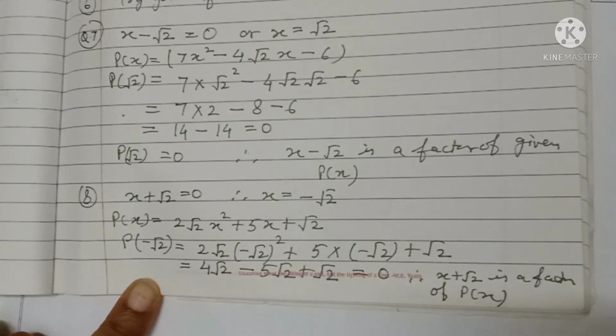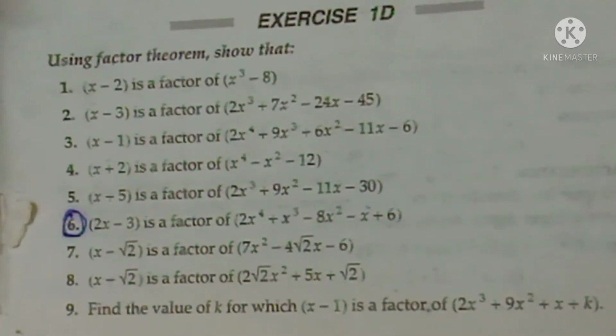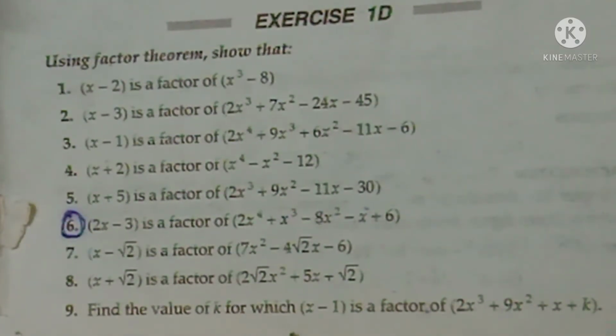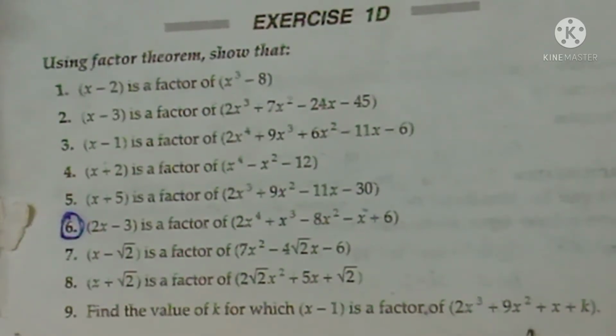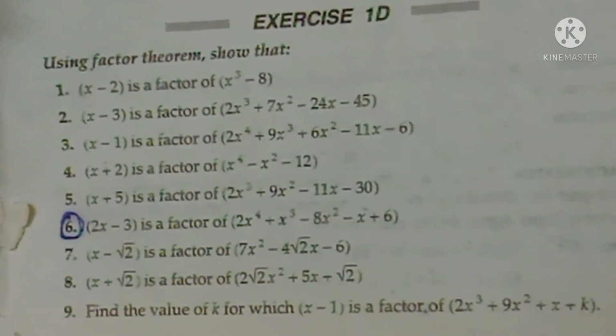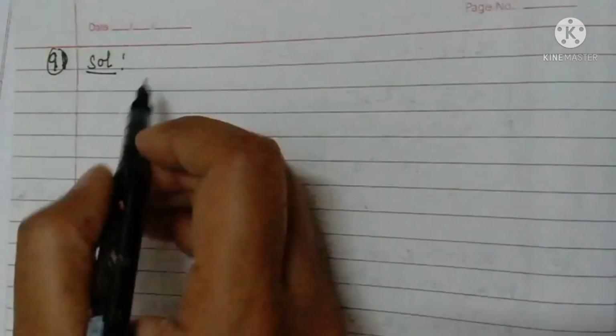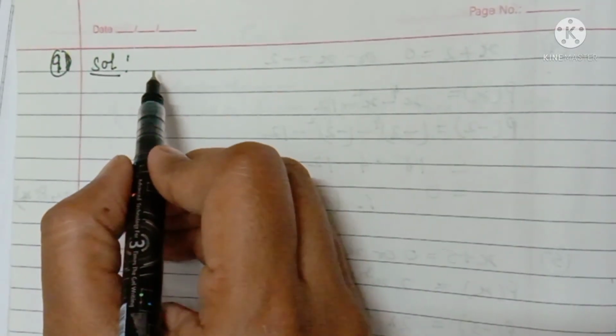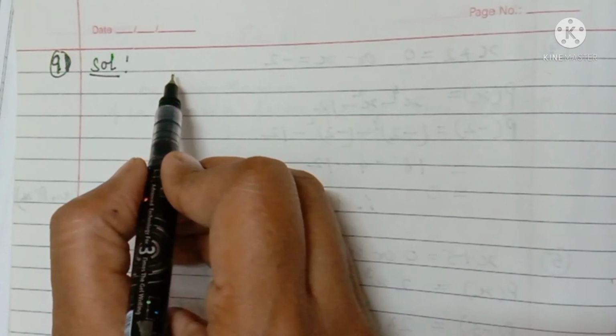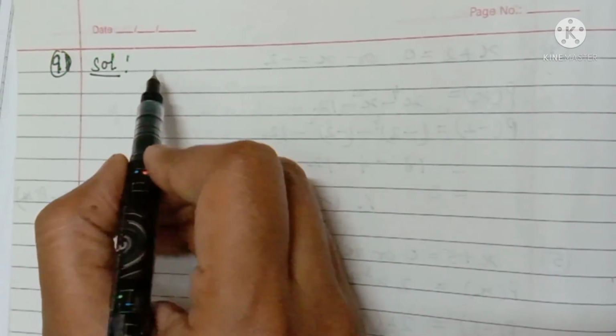Now come to the next question, question number 9. See the question number 9. Find the value of k for which x minus a is a factor of 2x cube plus 9x square plus x plus k. So we have to find out the value of k. By the factor theorem, if x minus a is a factor of polynomial p(x), then f(x) is equal to 0.